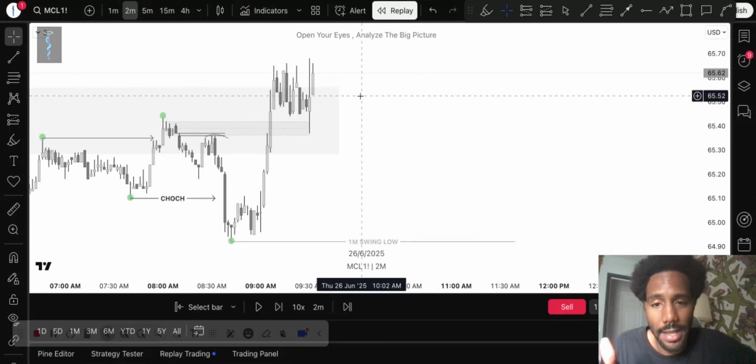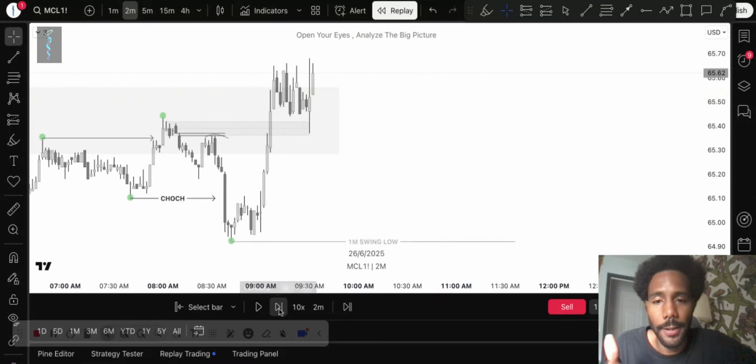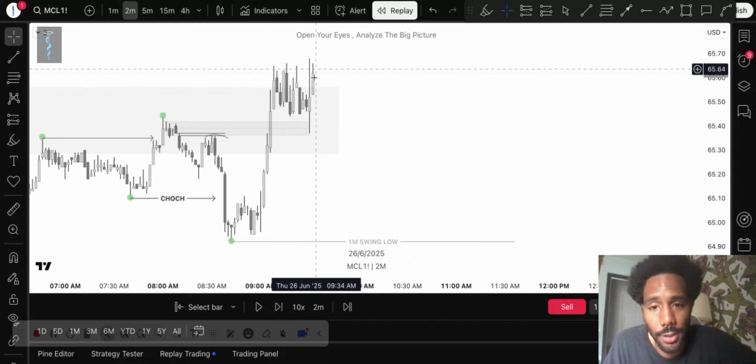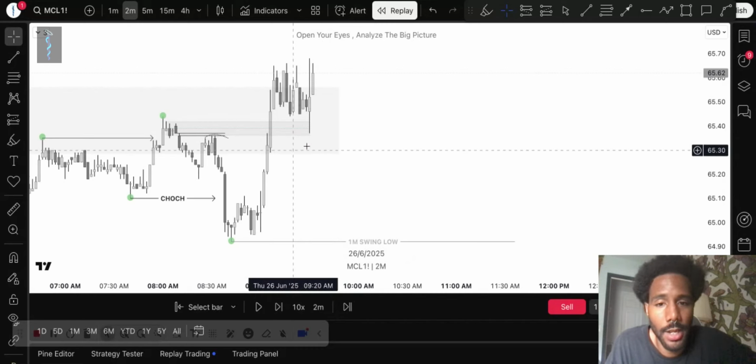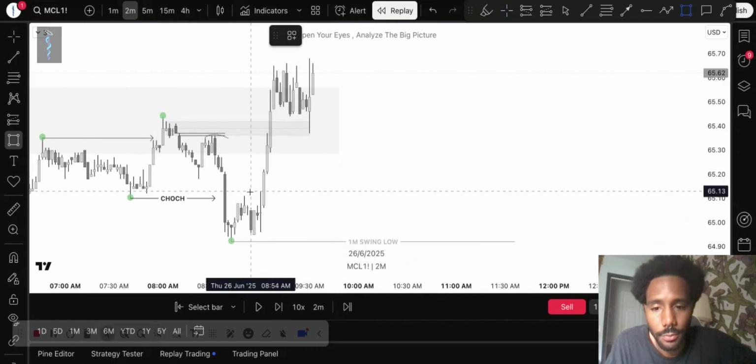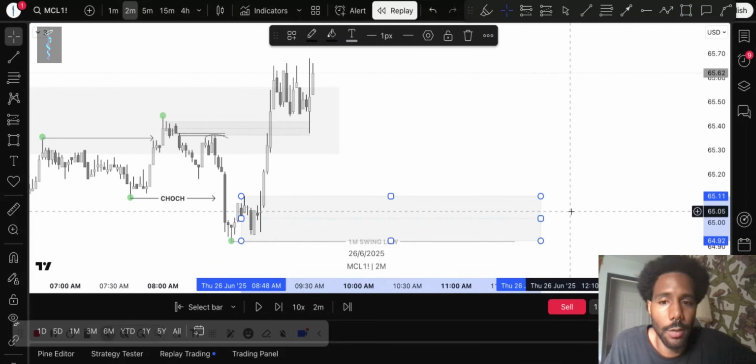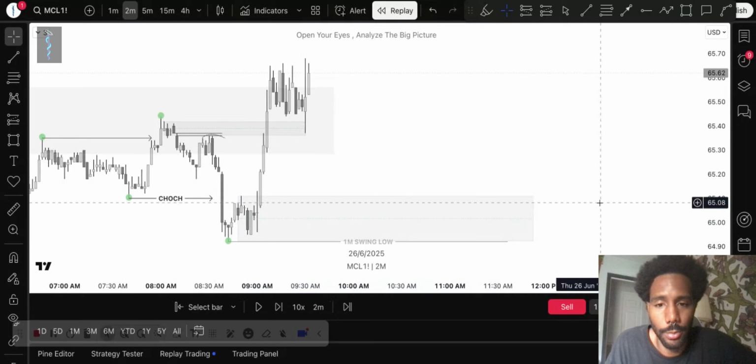But we got the body close, and here comes the nuance to this model. A lot of the times now we got the body close outside of the zone. Theoretically, we want to see price give a pullback to the leg that was responsible for that whole break.